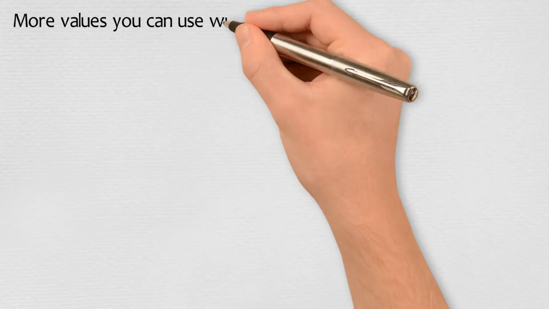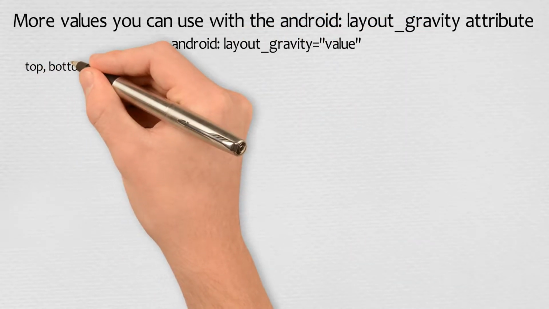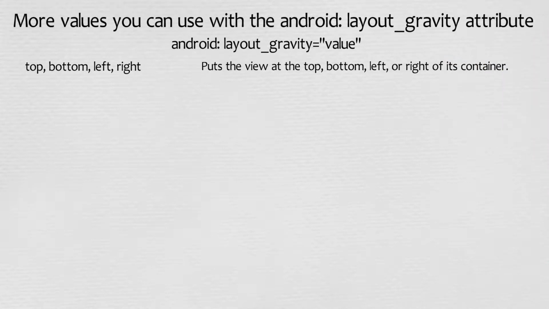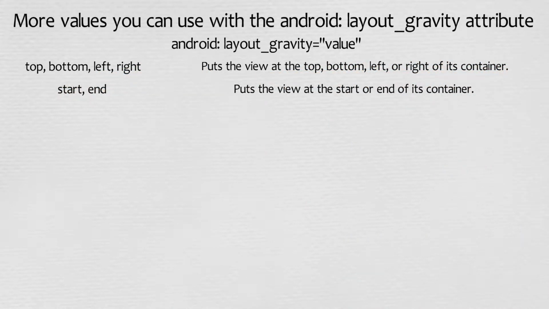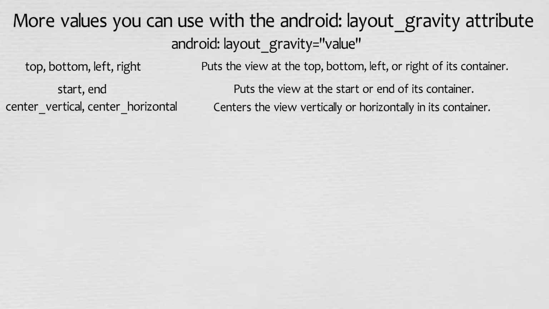Here are some of the values you can use with the Android Layout Gravity attribute. Add the attribute to your view and set its value to one of the values below. android:layout_gravity equals value. Top, bottom, left, right puts the view at the top, bottom, left or right of its container. Start, end puts the view at the start or end of its container. Center vertical, center horizontal centers the view vertically or horizontally in its container.